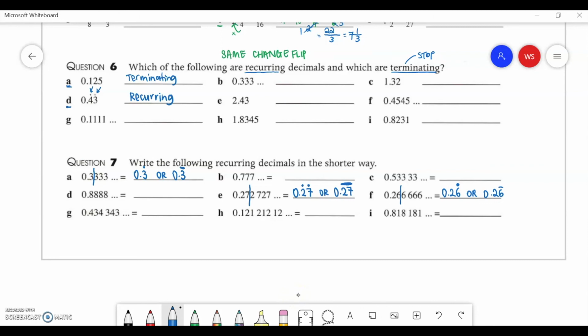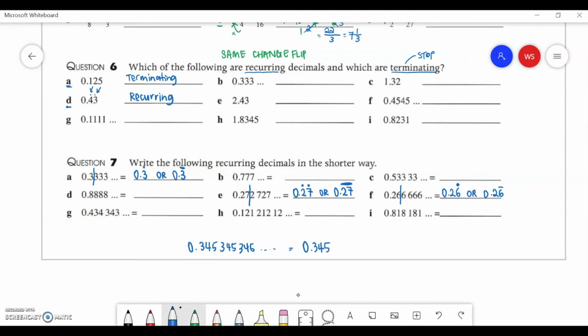Now, just as a recap, if your numbers, let's say, were to repeat as such, so 0.345, 345, 345, so on and so forth, remembering as you express that in a shorter way with your dots, that will be 0.345.